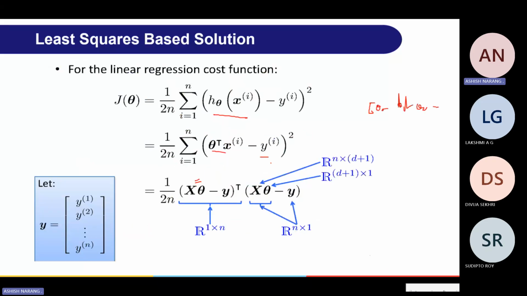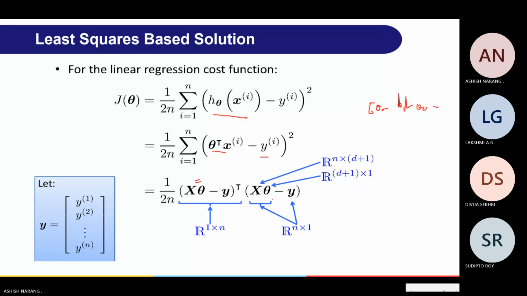Same thing is happening here. I'm applying it to each observation, the first row, the second row, the third row, and so on. And at the same time, I'm subtracting y to find out that particular error. Now further, if I solve it, this particular thing is X theta minus y, transpose, multiplied with X theta minus y.